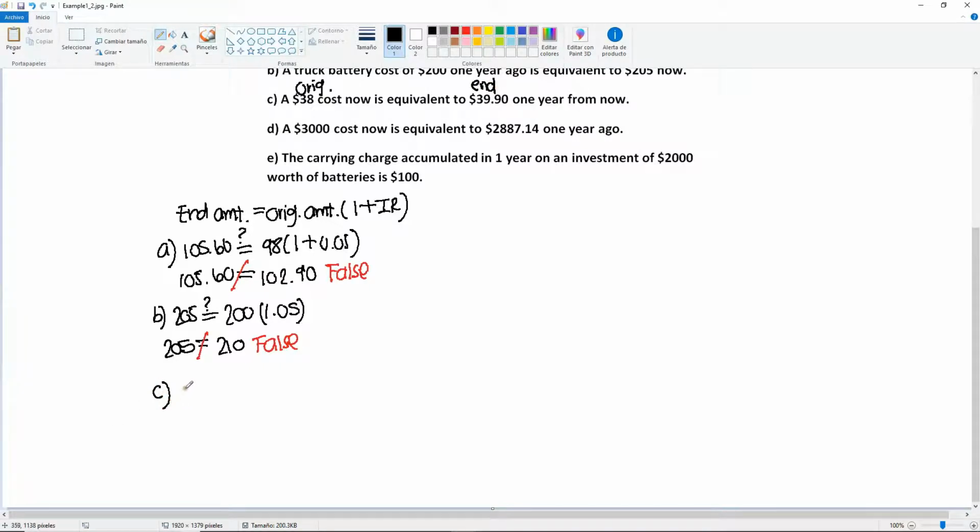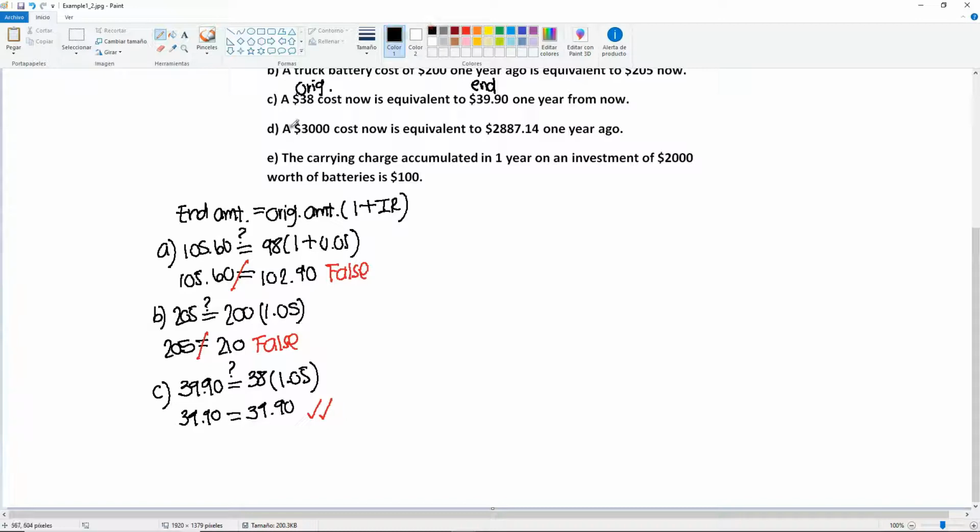So we want to know for part C if 39.90 is equal to 38 times 1.05. Okay, so if we do the math, 38 times 1.05 is also 39.90. So this statement right here is true.